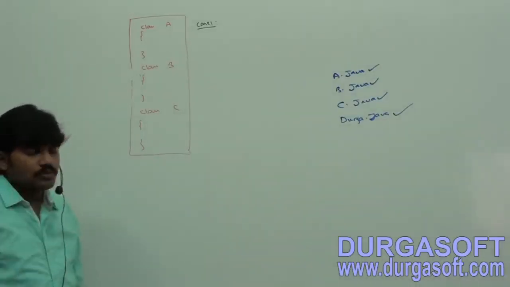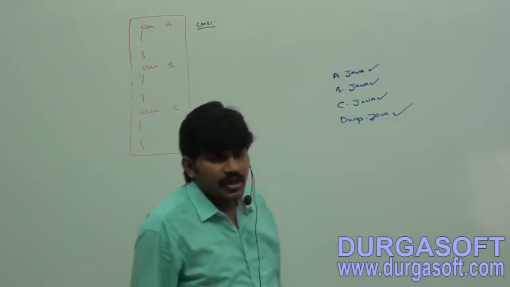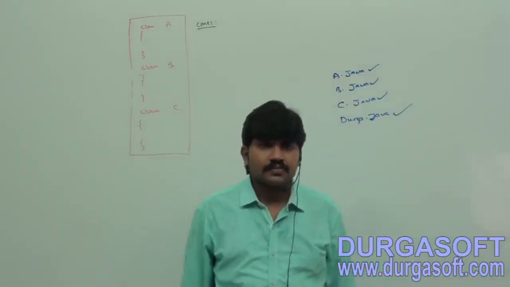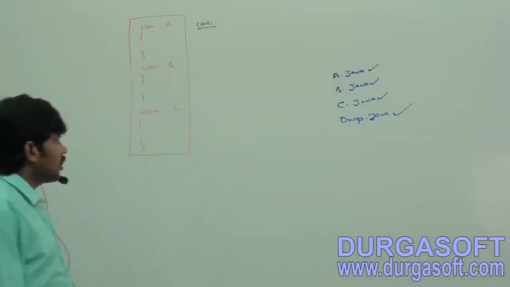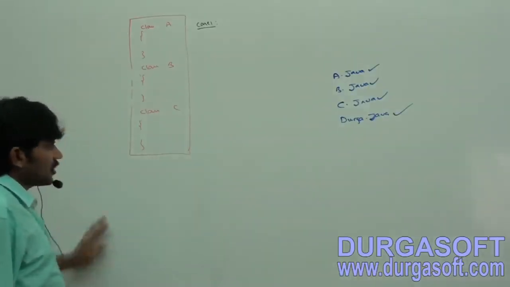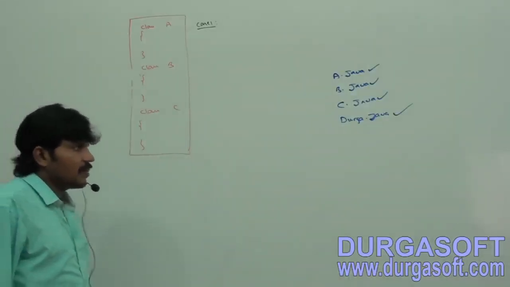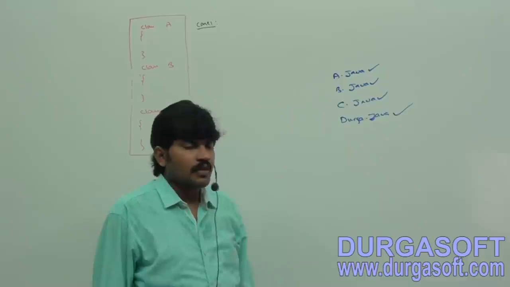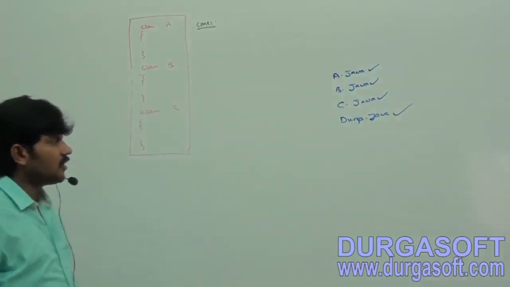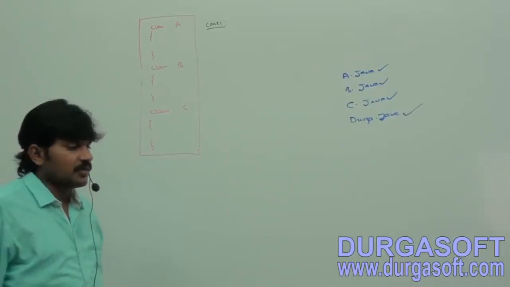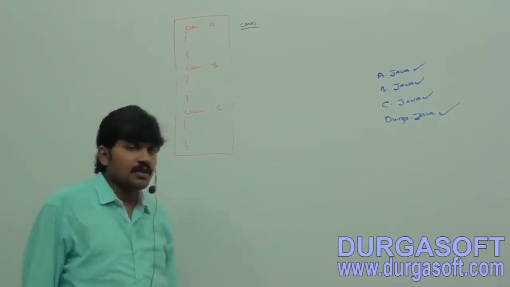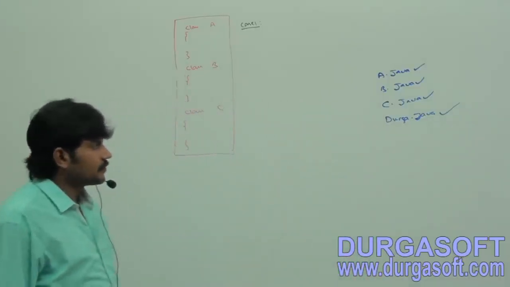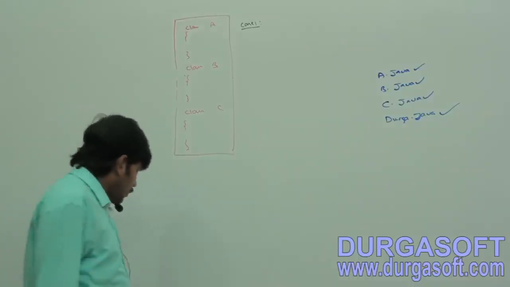For example, A.java, B.java, C.java, Durga.java. Any name we can give, no problem at all.